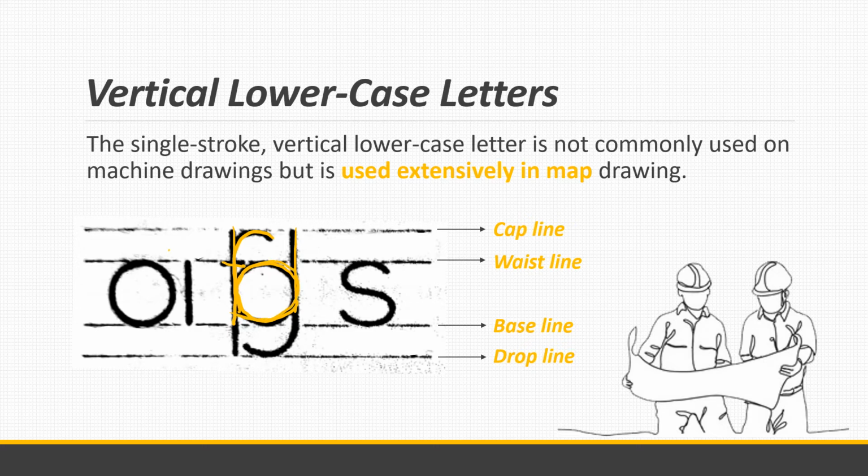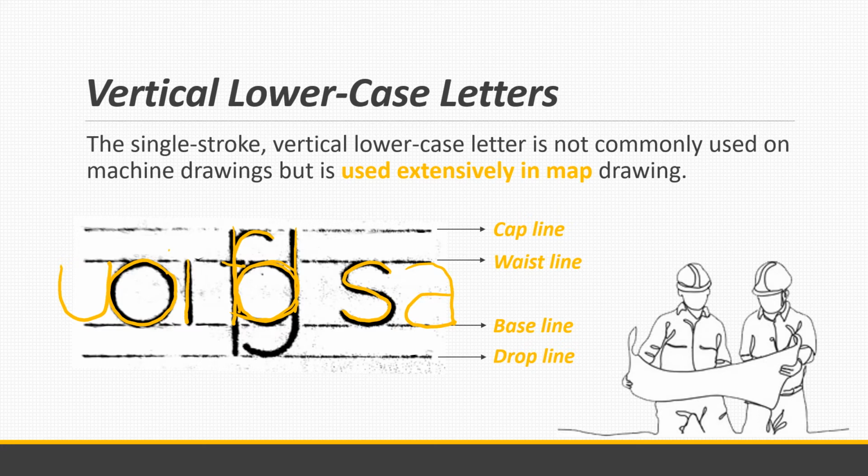So between waistline and baseline, doon naman yung medyo maliit na letters. Yung letter O, small o, yung I, at saka yung letter S. Nandyan din yung letter A, at saka yung letter U.